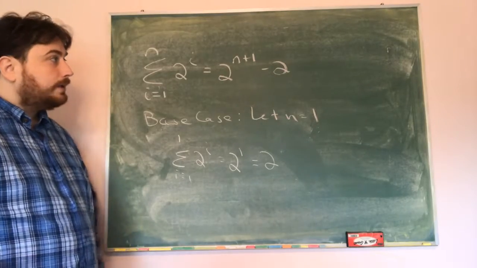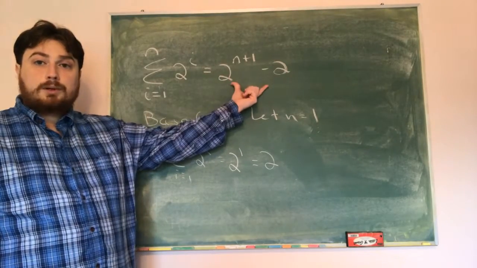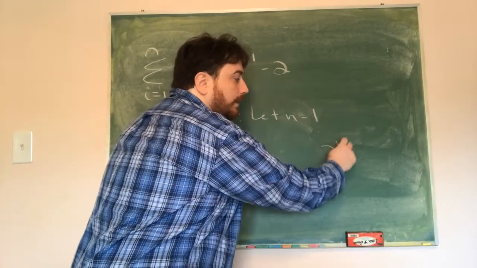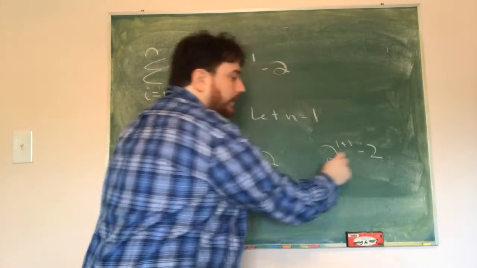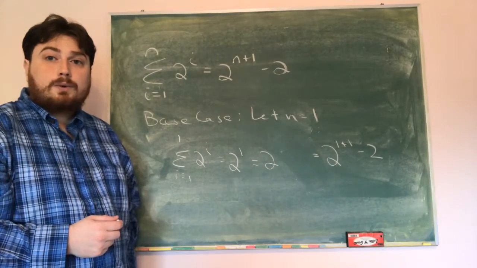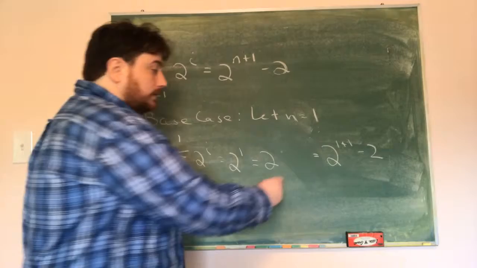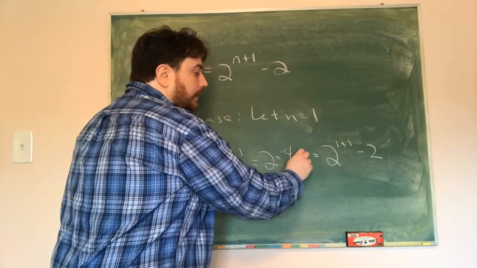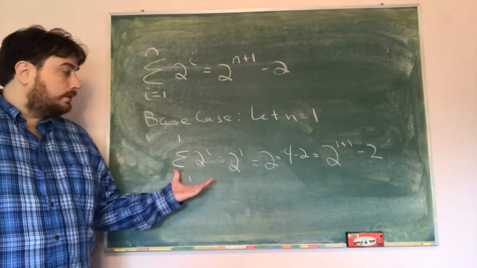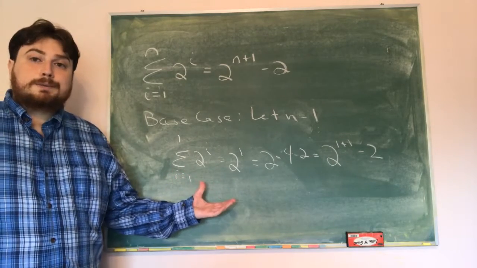On the other hand, we want to show that it's equal to this if we plug 1 in for n. So I'm going to say 2 to the 1 plus 1 minus 2 is equal to, well, 2 squared is 4, minus 2, which indeed is 2. So we get that this statement is true for the case where n equals 1.